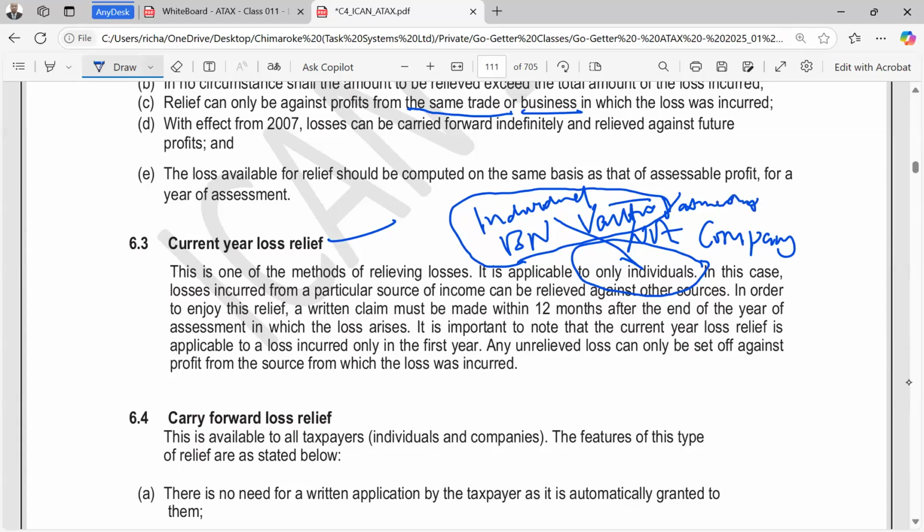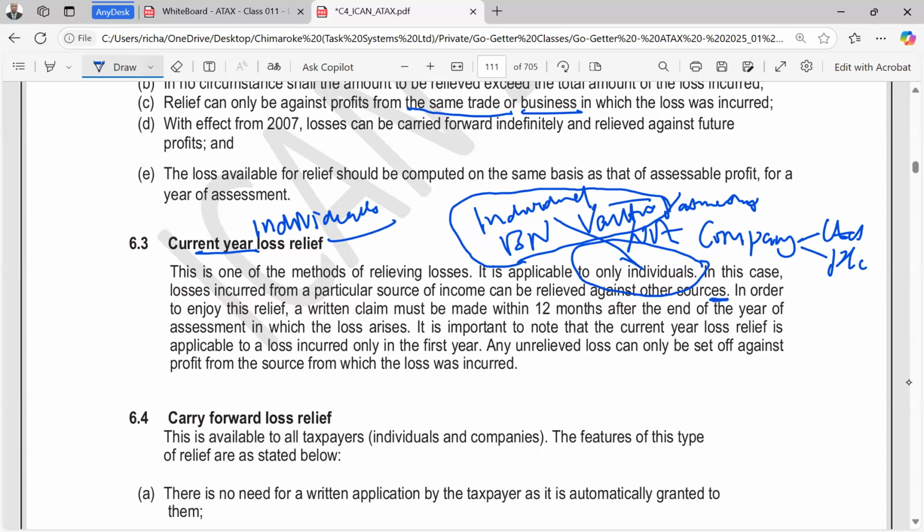They only stand under the directors or the proprietors of those businesses. When we talk about company, what we mean is limited company or PLC. Current year loss is for only individual taxpayers, not company.